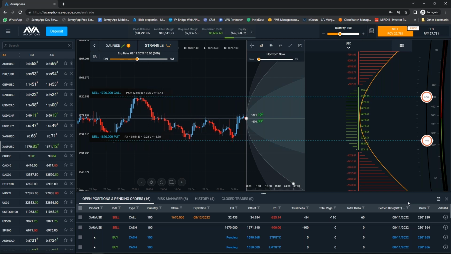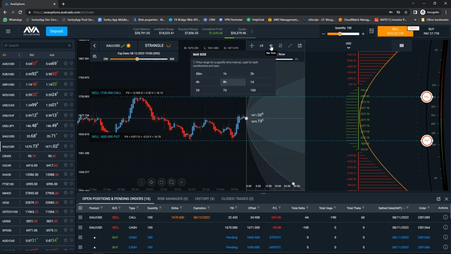I'm going to get paid almost $23 per ounce for that. So my break-evens are going to be $23 on either side of the strikes. So my range is going to be roughly from 1600 to 1740. So it's a $140 range for a month. And you can see for the past month, we've stayed within that range.